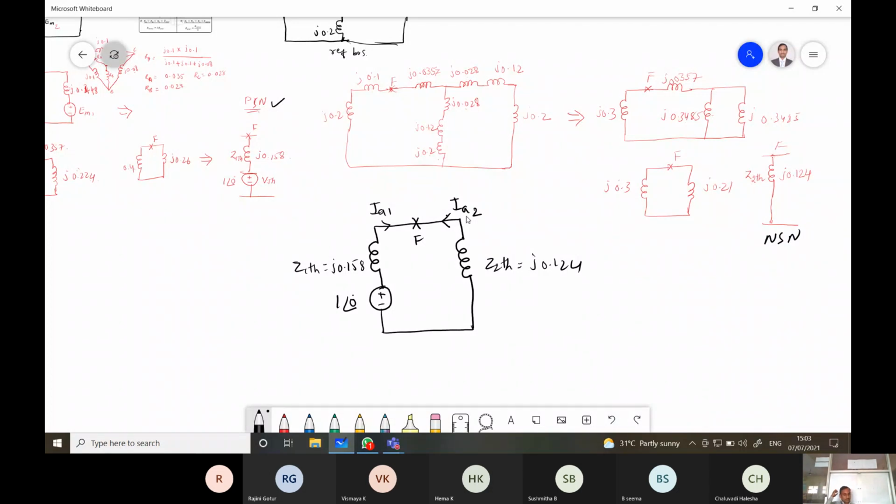So in a double line fault, this circuit is referred to as the LL fault. You observe the equation for IA1 and IA2 here. IA1 is equal to minus IA2, right? Both are in opposite directions. So what is the equation? Voltage, 1 at an angle 0, divided by ZTH, J0.158 plus 0.124.